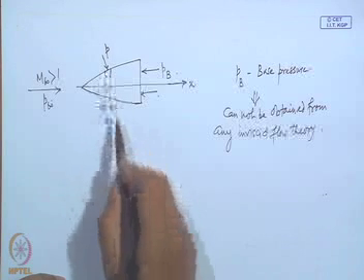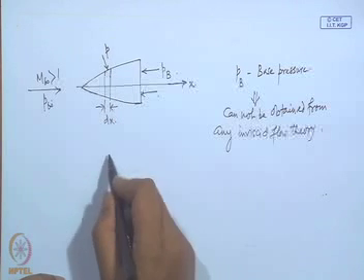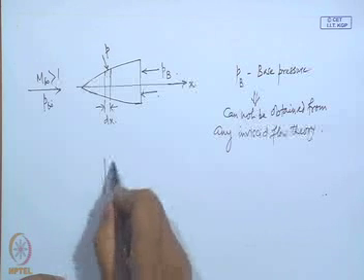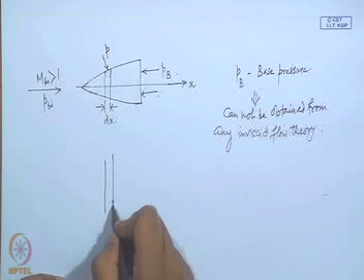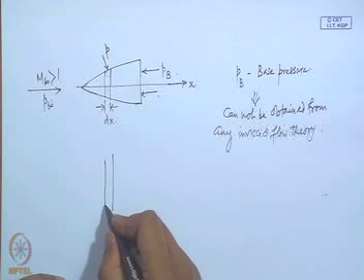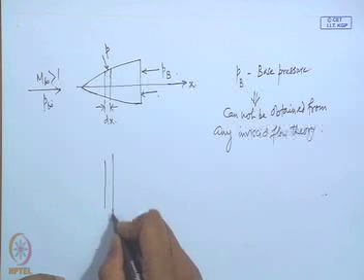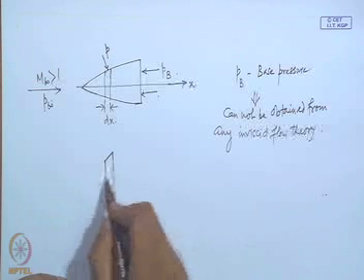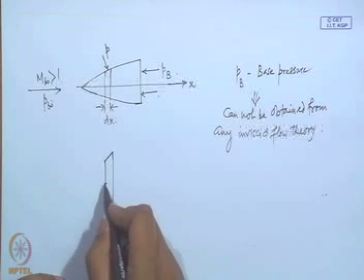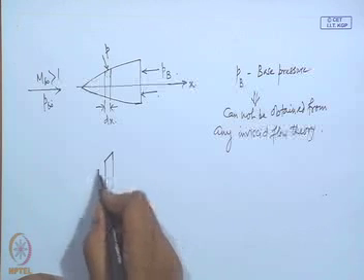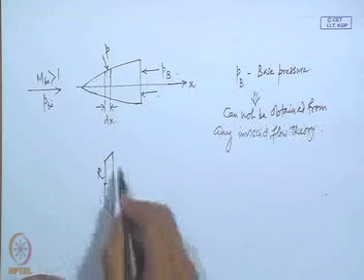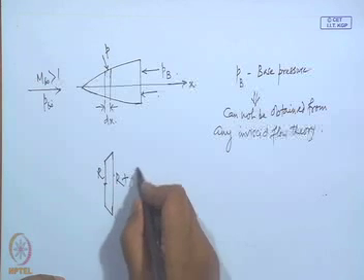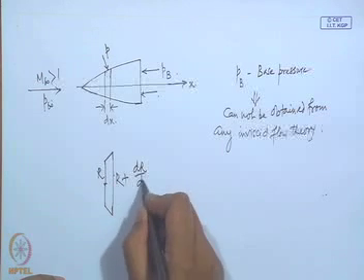Now, looking at this area, let us say that on this side the radius of the cross section is r, then on this part the radius of the cross section is r plus dr dx into delta x.